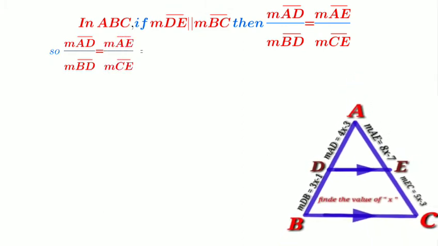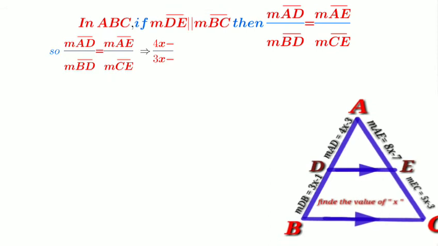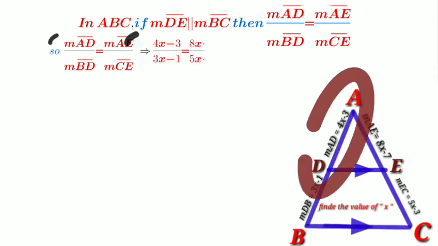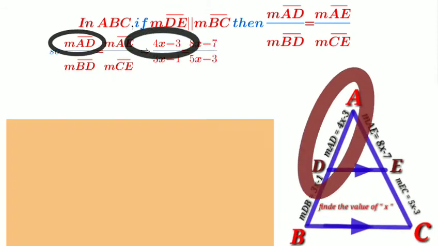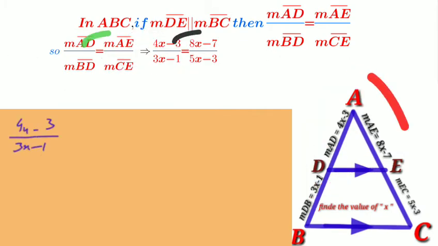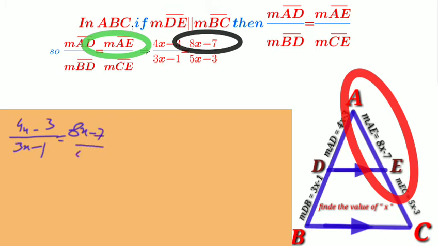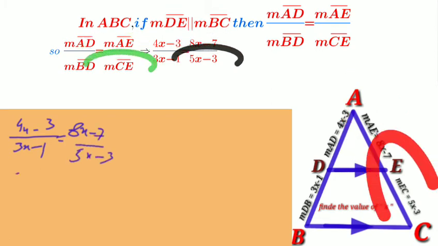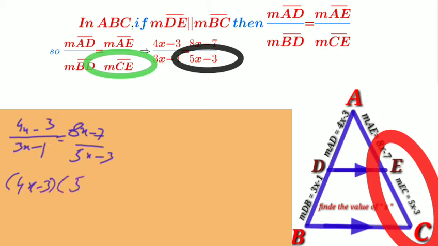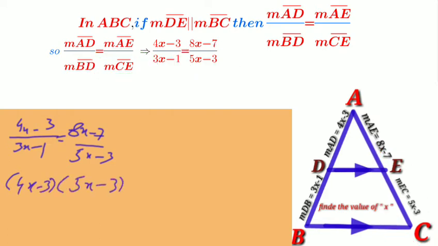So the value of side AD is equal to 4x minus 3, side BD is equal to 3x minus 1, side AE is equal to 8x minus 7 and side CE is equal to 5x minus 3. By cross multiplication, (4x minus 3) into (5x minus 3) is equal to (8x minus 7) into (3x minus 1).